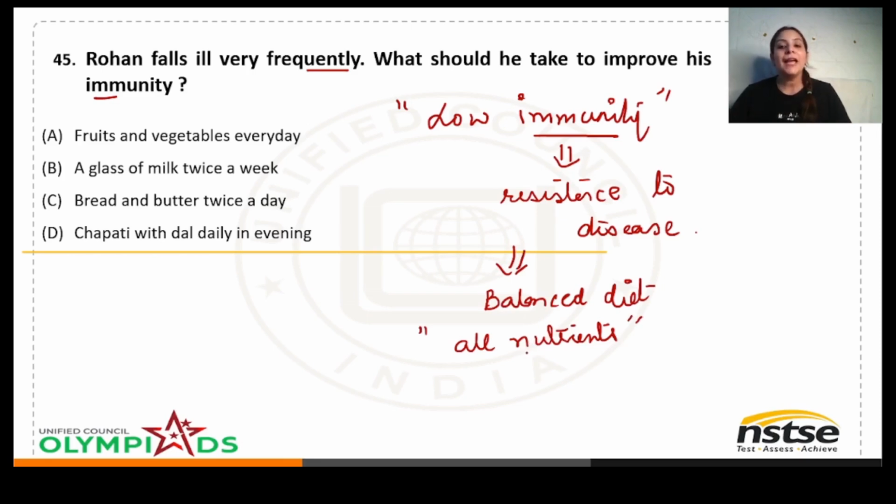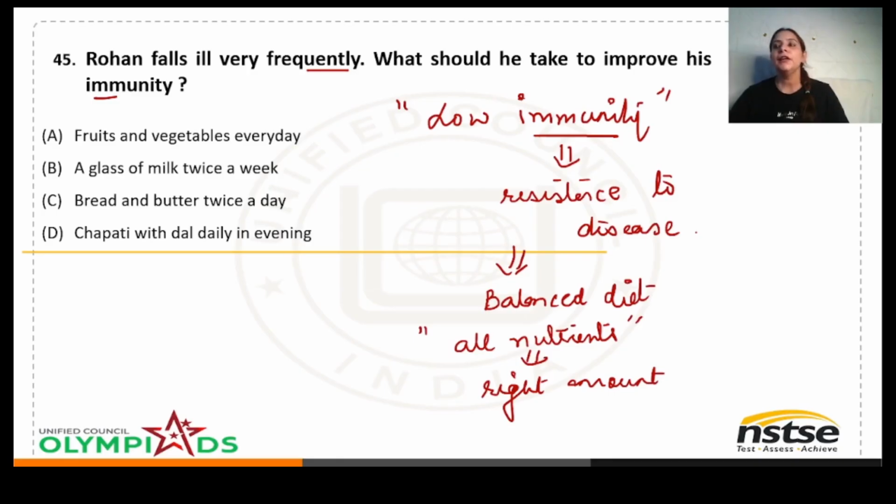All nutrients, and these nutrients should be present in right amount, because the amount in which we need the nutrients varies from person to person, because it depends upon age also, it depends upon your state of health also, it depends upon the type of work that you do. So it depends upon many factors.